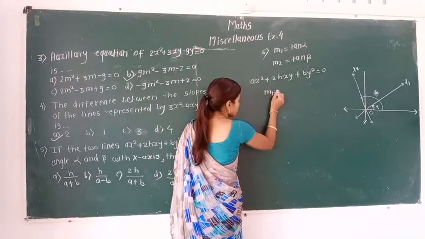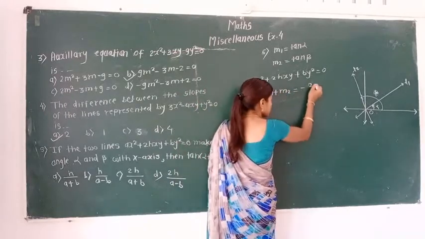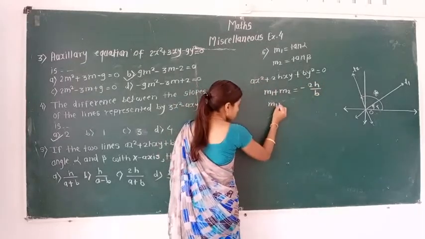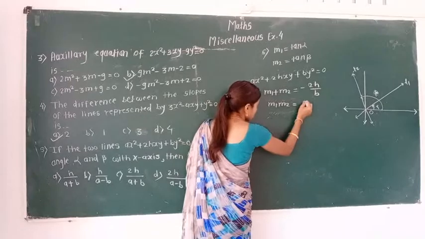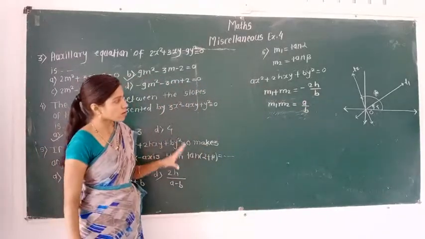Sum of slopes m1 plus m2 is minus 2h by b, and product of slopes, m1 into m2, is a by b. All those concepts we have already learned.